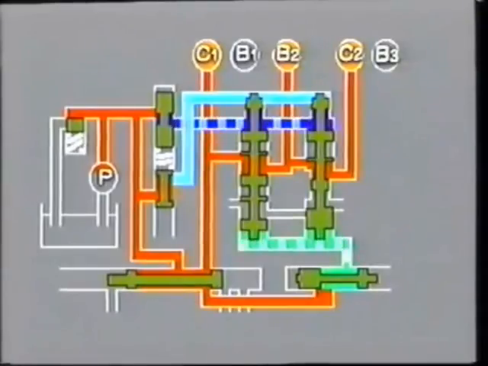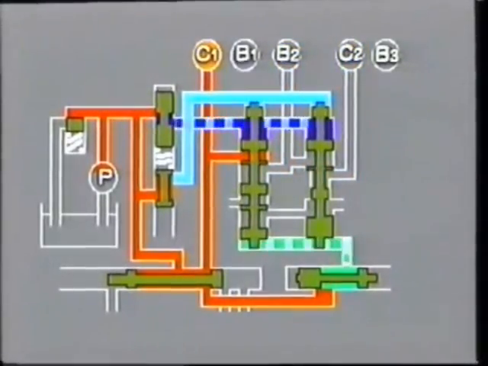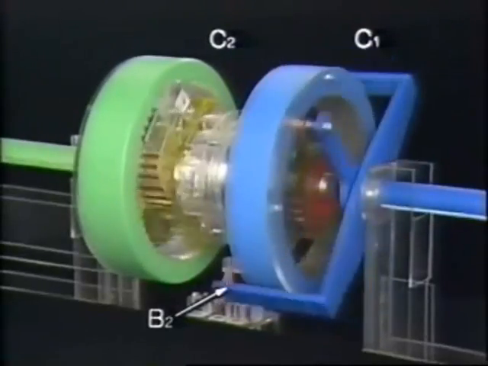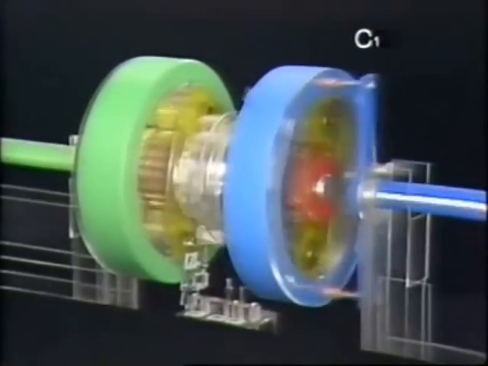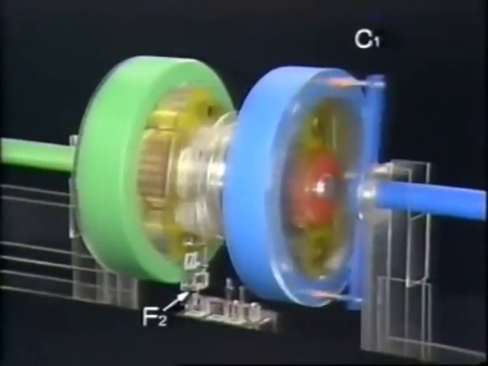This pushes the 2 shift valves down and opens up a fluid passage just like in the case of first gear. So the car downshifts into first gear.